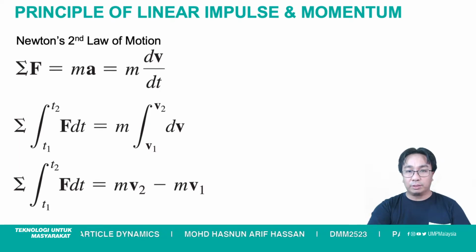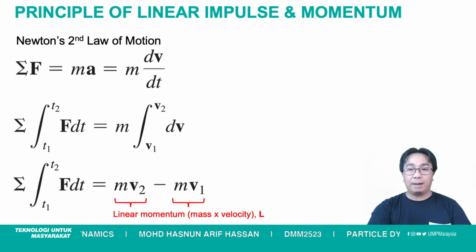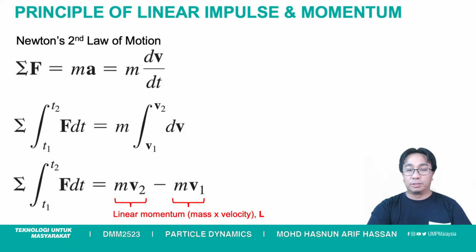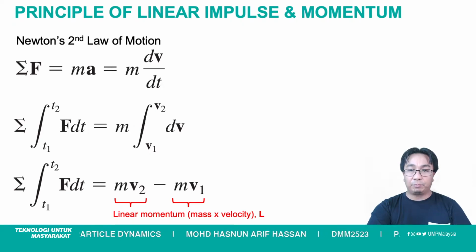If you notice, on the right hand side, mv is equal to the linear momentum, which is the mass multiplied with the velocity, also written as the capital letter L. Remember that this is a vector quantity, so L is written with a bold typeface.